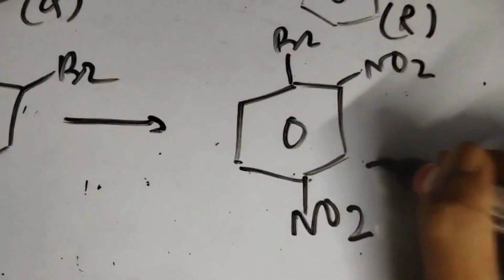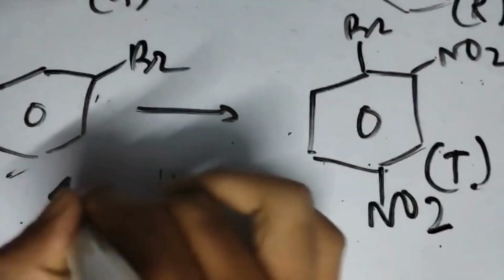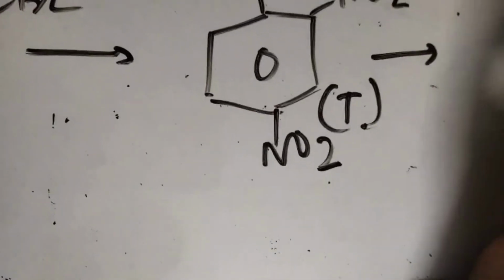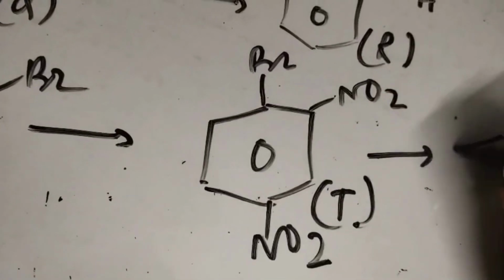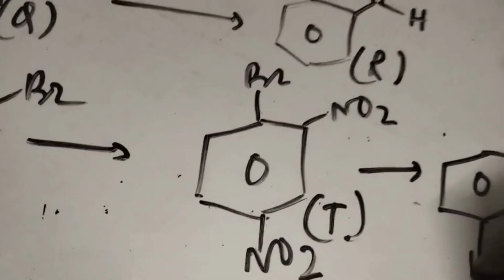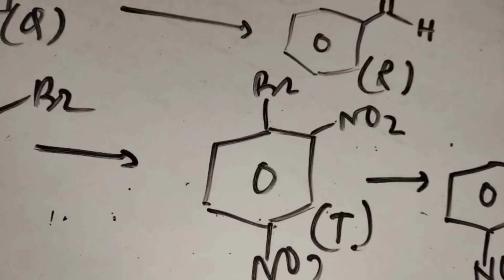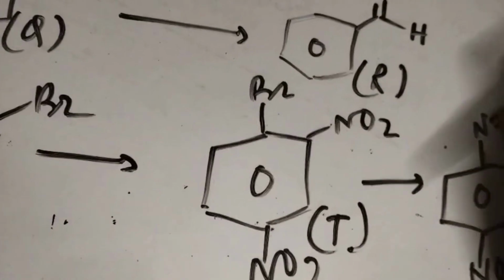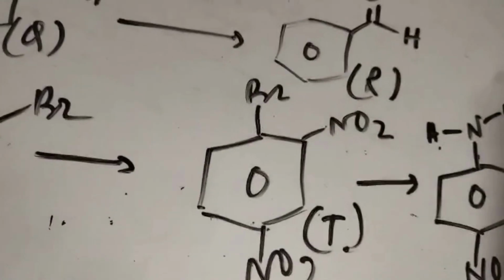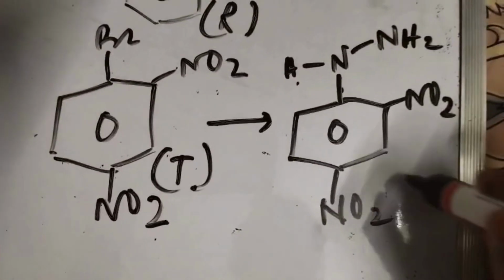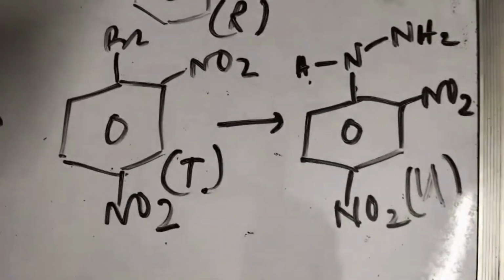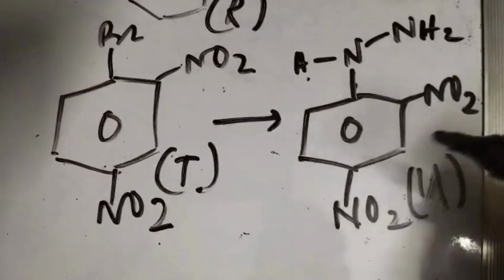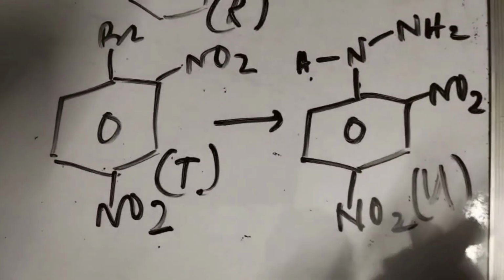So this shall be compound T. This was S, and T now when reacted with N2H4 in the presence of ethanol gives a very interesting compound again, which we do not usually represent openly like this, but it is nothing but Brady's reagent. So the compound that we got, U, is the well-known reagent, 2,4-dinitrophenylhydrazine, or the 2,4-DNP reagent, also known as Brady's reagent.